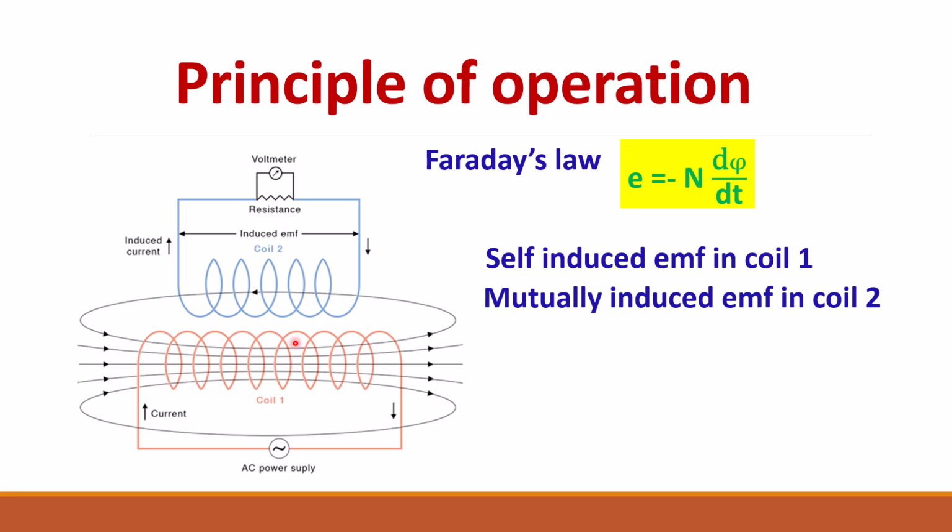Now, the two coils, we have shown separately. Actually, we have to make sure that all the flux linking with coil 1 should also link with coil 2. Or we need to ensure that the leakage flux is very less. The flux which is not linking with the coils should be very less. So for that, normally a transformer core will be used.